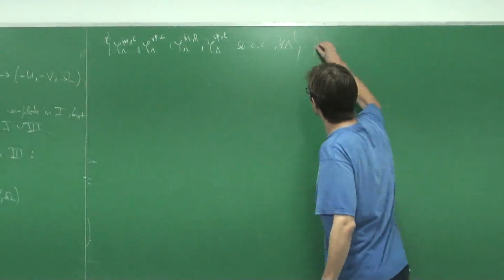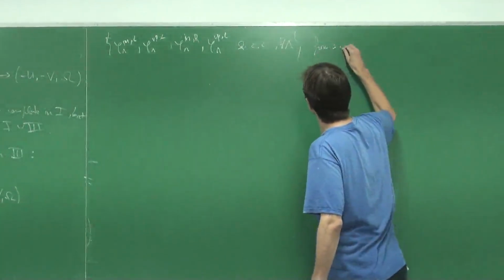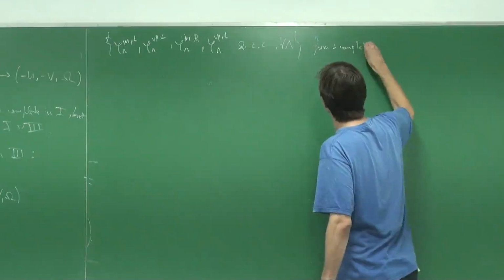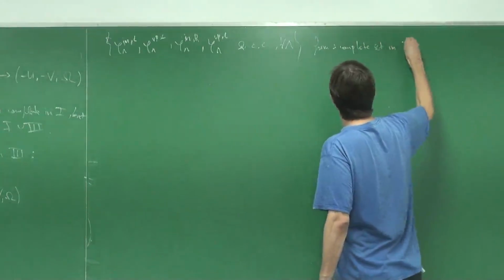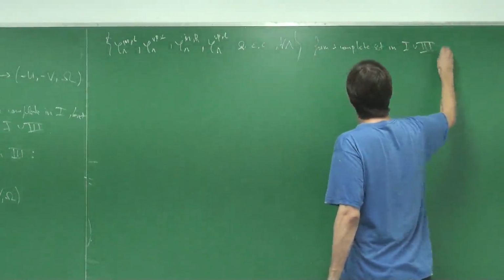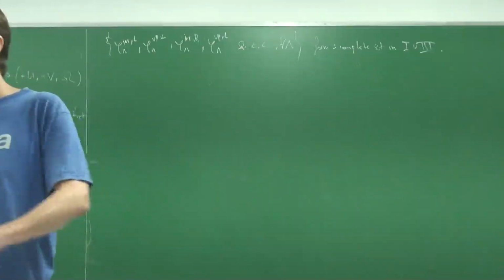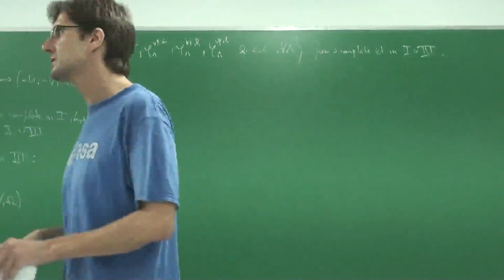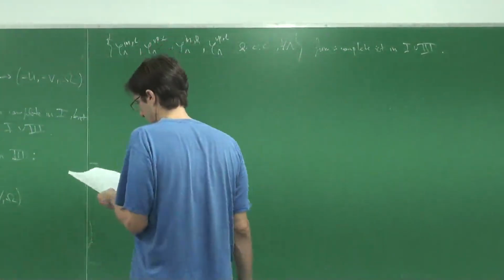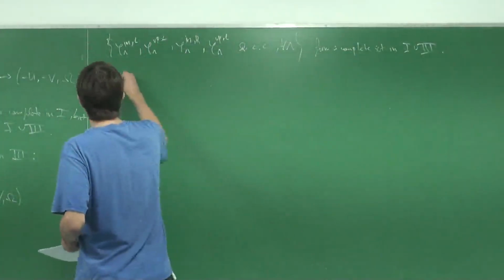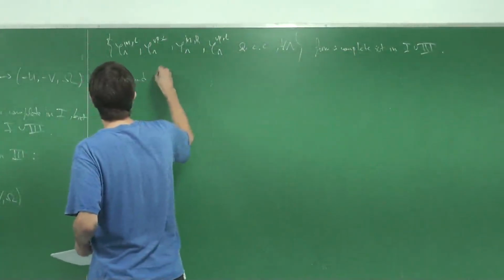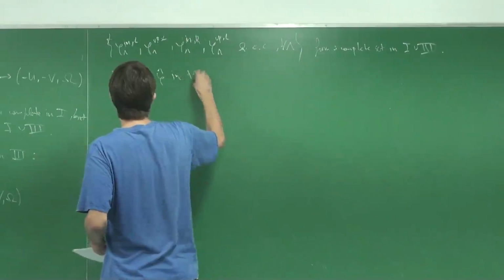These guys form a complete set in 1 and 3. And so, in particular, along a full sheet surface of a full space-time. So you can expand the field in these bases.